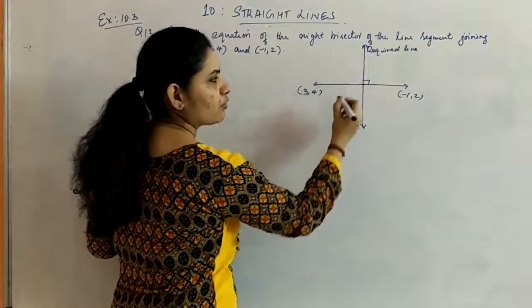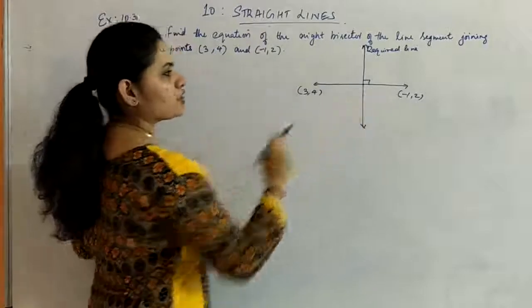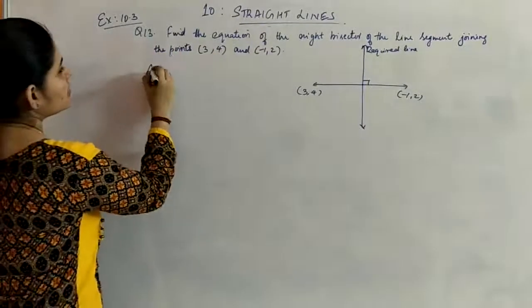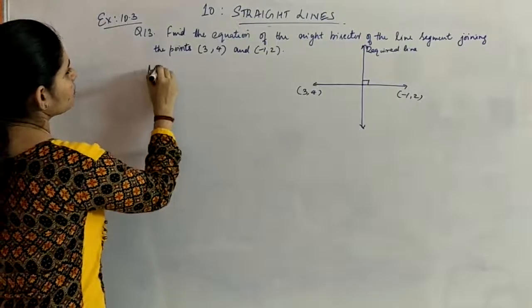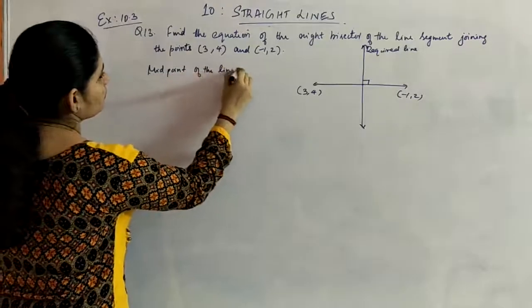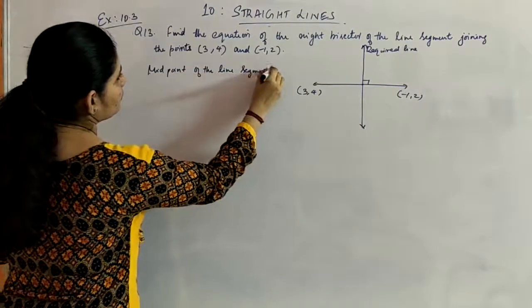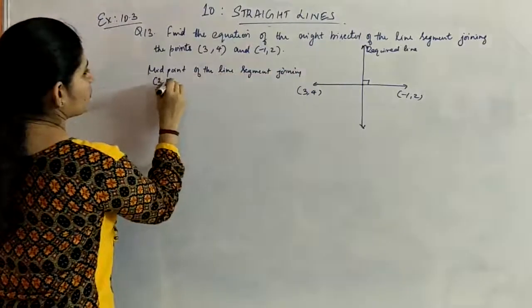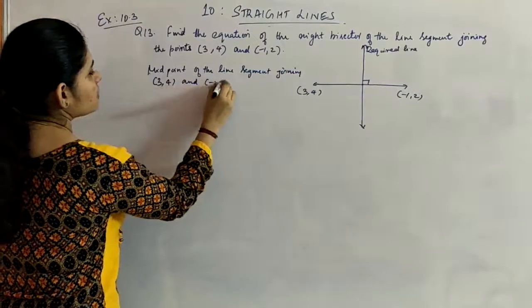Now first we have to find the midpoint of the line segment joining (3, 4) and (-1, 2).